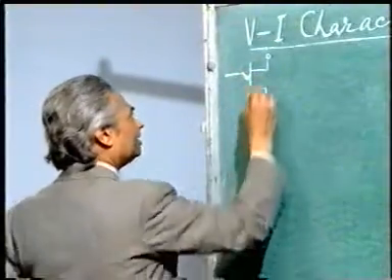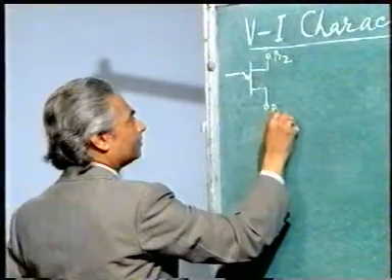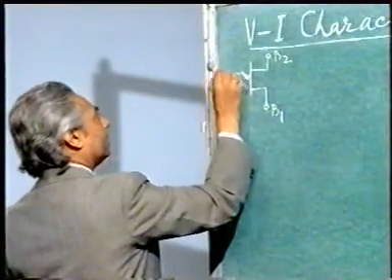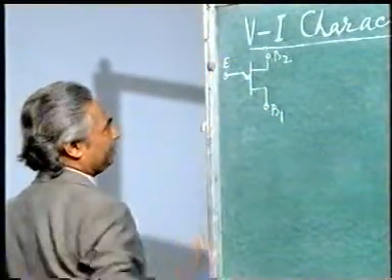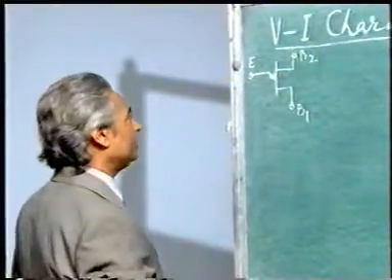There are three terminals. This is base 2, this is base 1 and this terminal is emitter. This is the symbolic representation of a UJT.